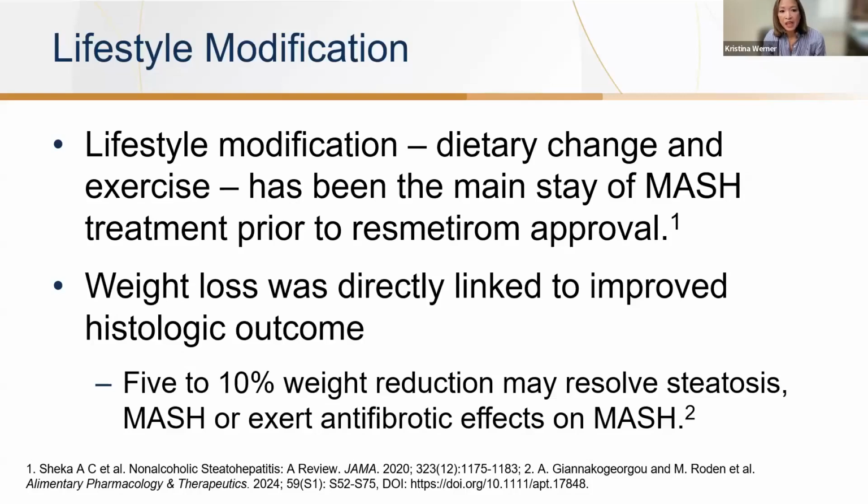So lifestyle is the foundation. The benefits of lifestyle changes go beyond the liver: better glucose control, cardiovascular risk reduction, and improved quality of life. Moreover, improving lifestyle early can slow progression or possibly reverse early damage.